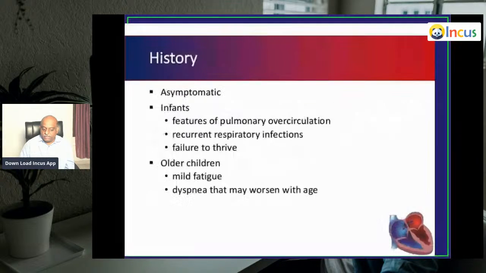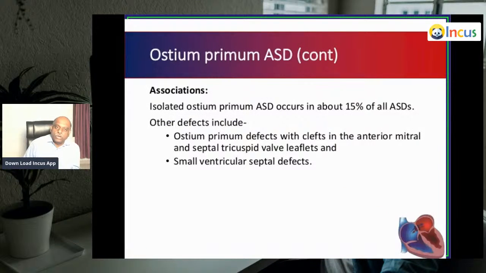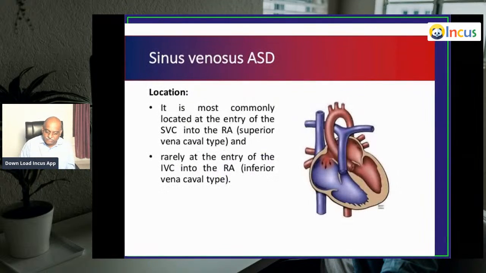Then you should remember one important point. Ostium primum defects are associated with a cleft in the anterior mitral valve and septal tricuspid valve leaflets, and small ventricular septal defects can be associated.